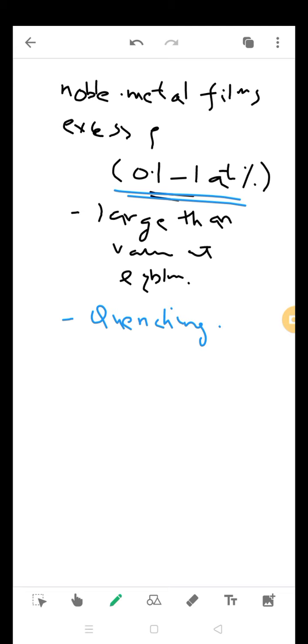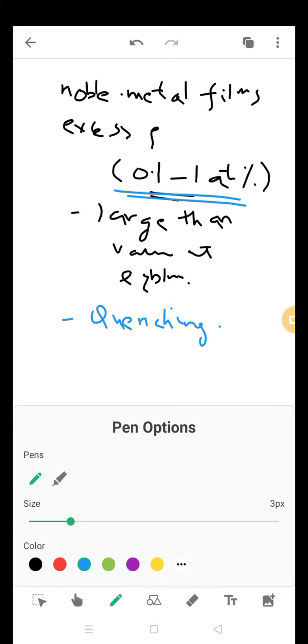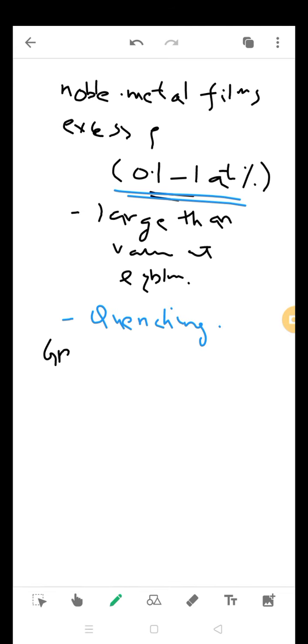Now, apart from vacancies, stacking faults, and dislocations, grain boundaries are also a significant source of electron scattering. And again, if the grain size, here T is not the thickness, so let's not call it T, let's call it D, is much less than the mean free path of the electrons, then what will happen?